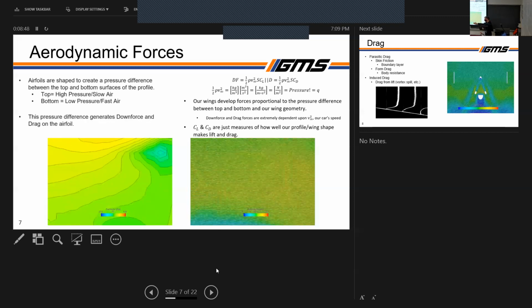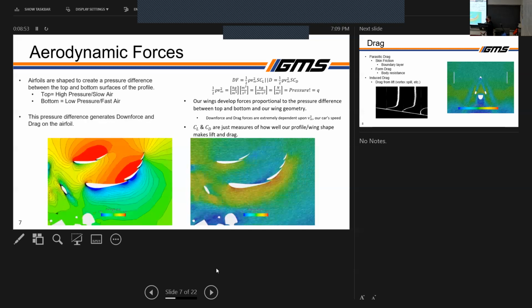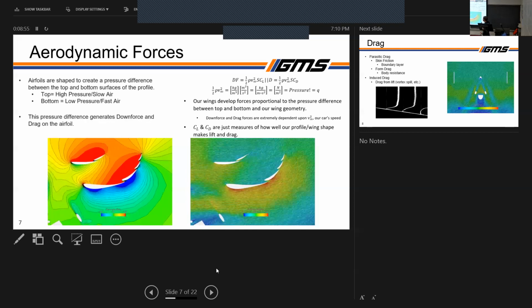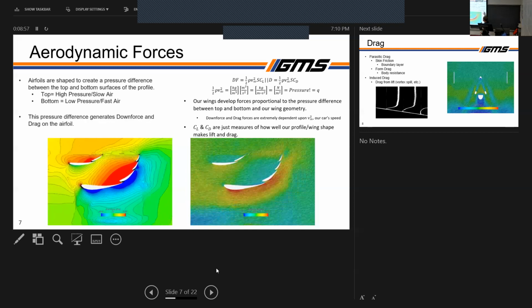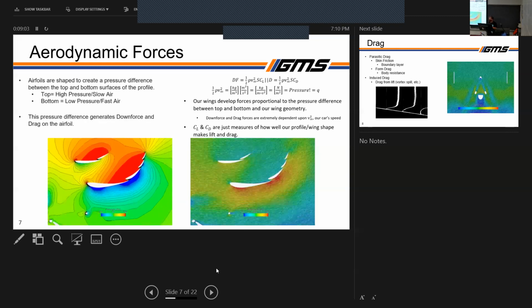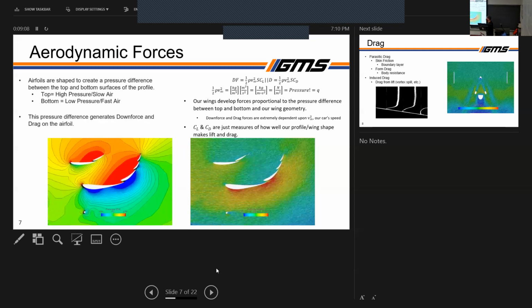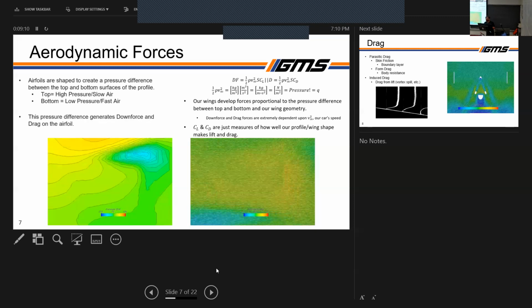So the car's going forward 35 miles per hour, the air is going back 35 miles per hour. The only dependencies are really just this V infinity squared and the CL and CD. Those are basically measurements of how well the shape of our airfoil can generate lift or drag, depending on which equation you're looking at.